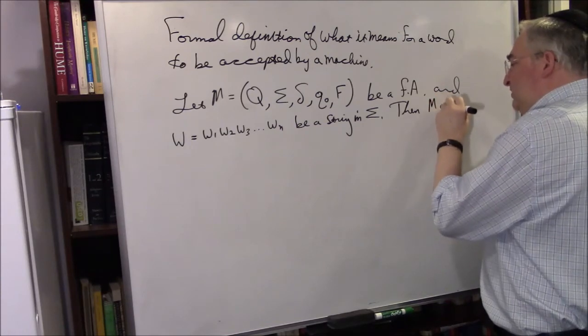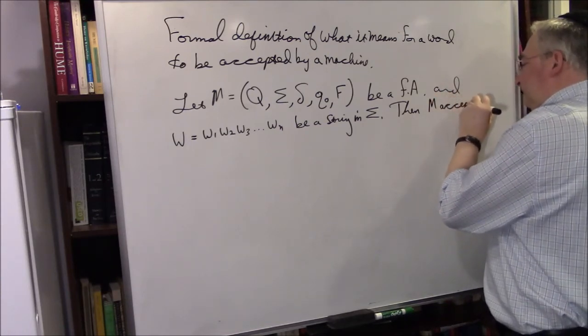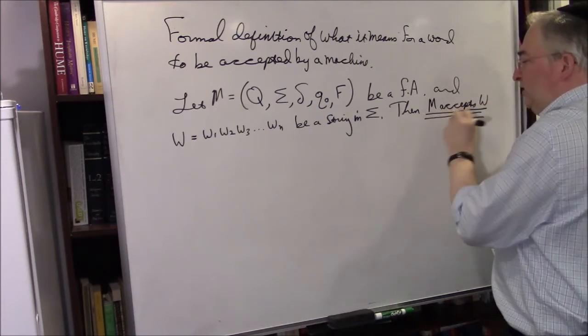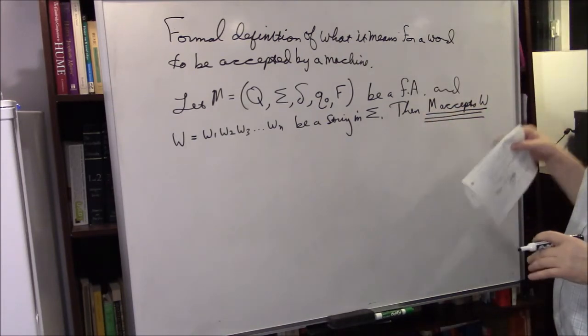Then M accepts W. That's what we're describing. What does it mean for the machine to accept the word?